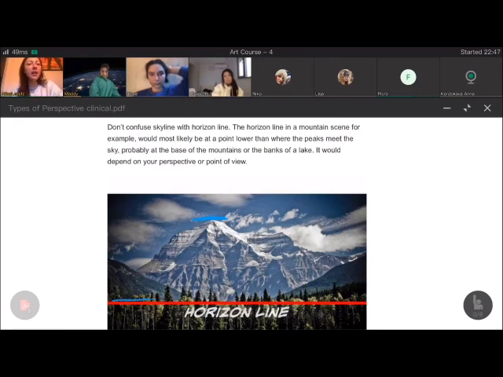And the horizon line is somewhere behind where the earth, the ground meets the sky. Because the peaks, they come and go. And then we have these lower parts where the sky meets the land and so on. So it depends on your point of view. Remember, this is important.